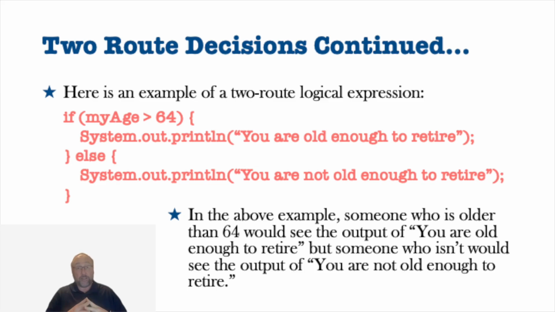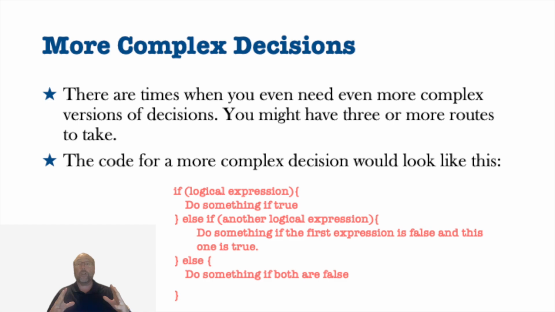Else, it's going to output, you are not old enough to retire. So you see how we added a little bit to that. It's not just one route, it's two routes. It can get even more complex than that. In fact, it can get way more complex than that, depending on what problems you're trying to solve.